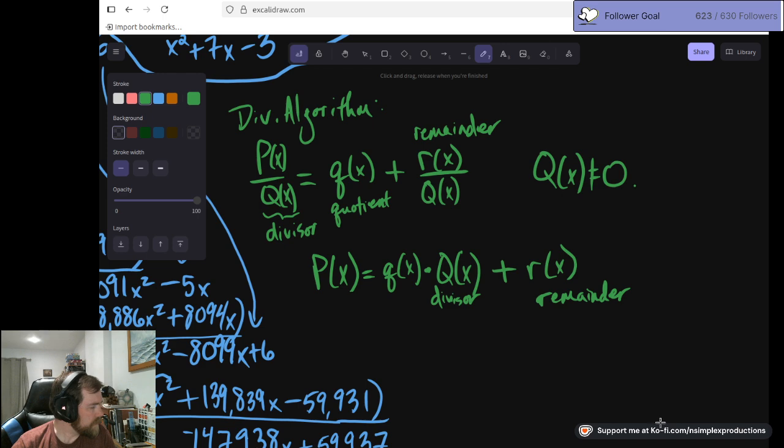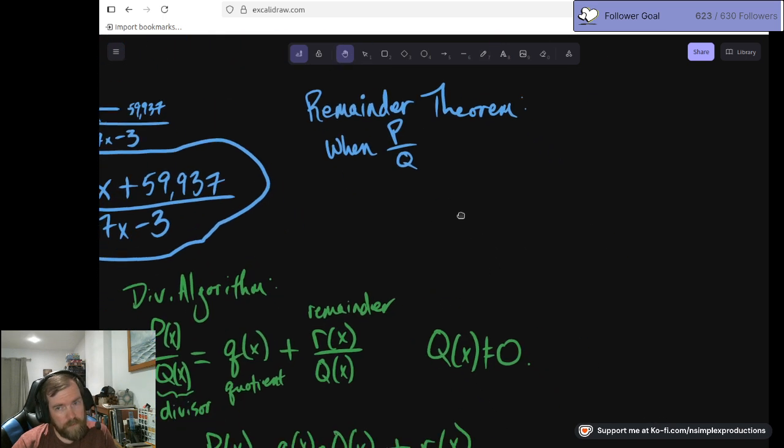Right. This was the remainder theorem, yeah.